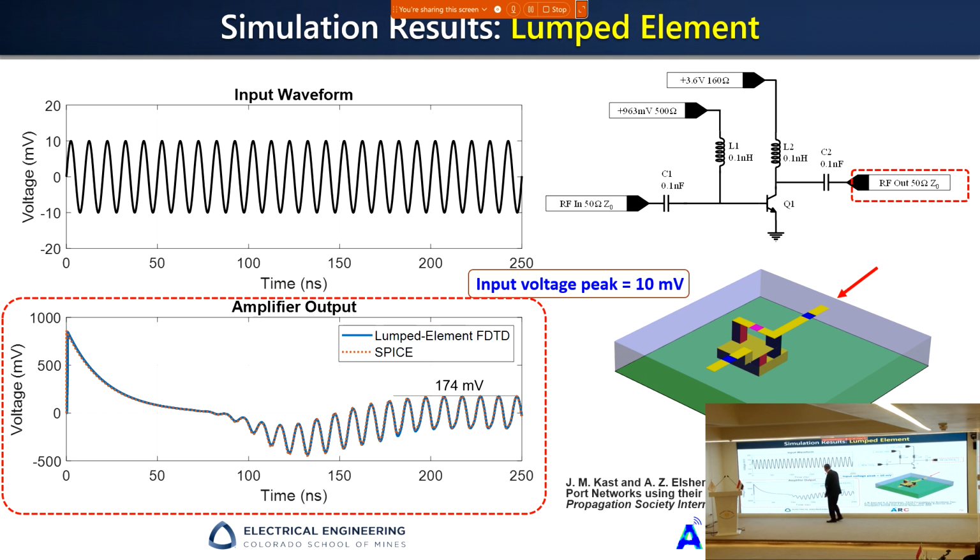So obviously that level here is much higher than 10 millivolt, and you can see about 17.4 amplification due to the presence of this amplifier here. The other thing you notice is that the output, which is a sinusoidal waveform, is stabilized after maybe about 160 nanosecond.